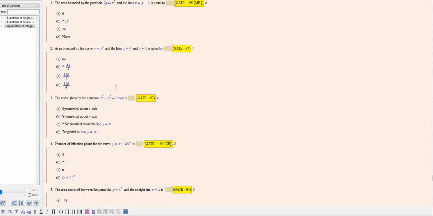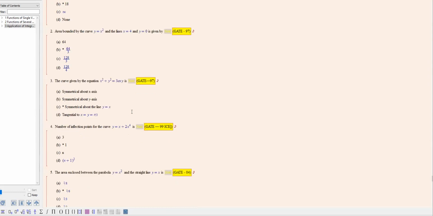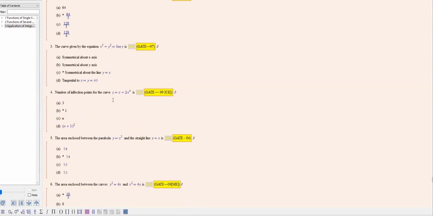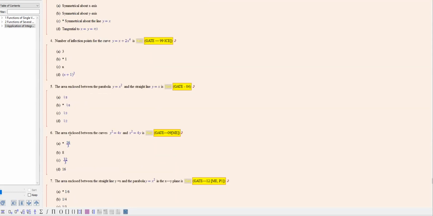So curve tracing concepts. And this curve is the folium of Descartes, which we have done. x square plus y square equal to 3xy. The number of points of inflection on this curve, it is just a derivative part, it is not integral. Then area enclosed between, again, parabola and line, area enclosed between the two parabolas.